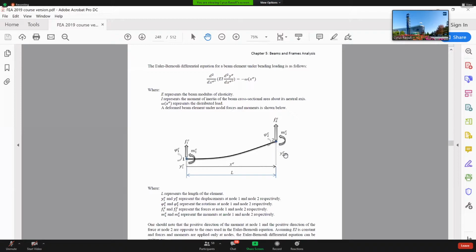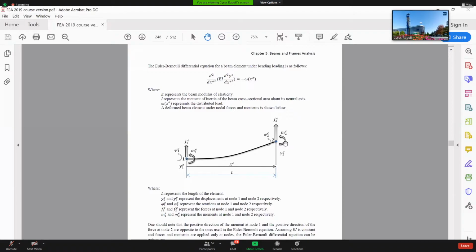Y2 is at node 2. We have phi1, which is the slope at node 1, and phi2, the slope at node 2. We have nodal force, which is F1 at node 1 and F2 at node 2. And we have bending moment.